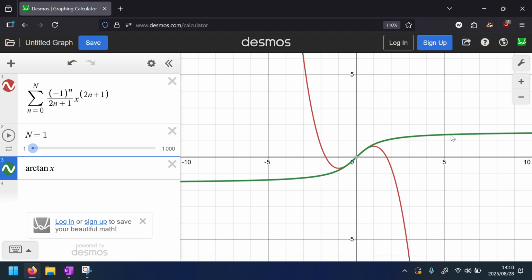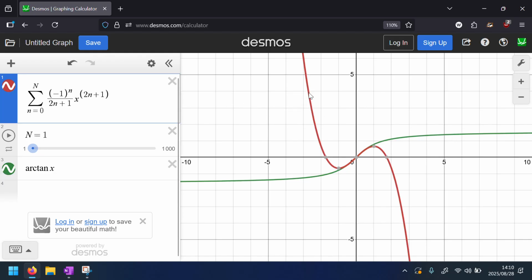Notice how it has the full domain of all real numbers. Here in red, we have the Taylor approximation, where this capital N is 1. So if we substitute that in, that will be x cubed. As we increase this capital N, that approximation is going to get better and better. We add more terms, it gets better and better.